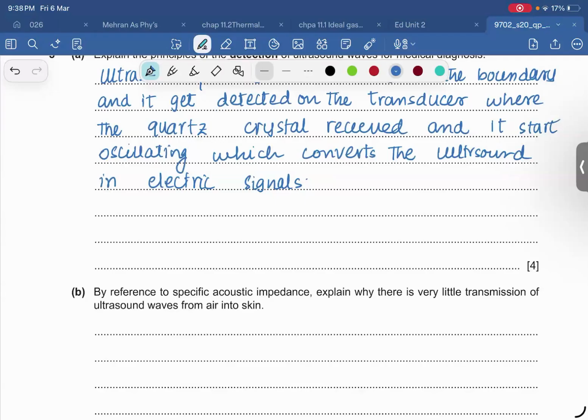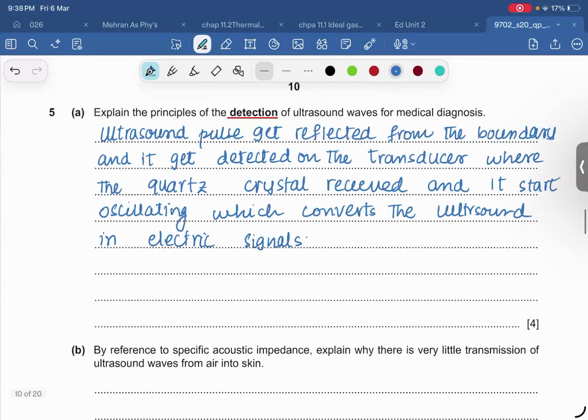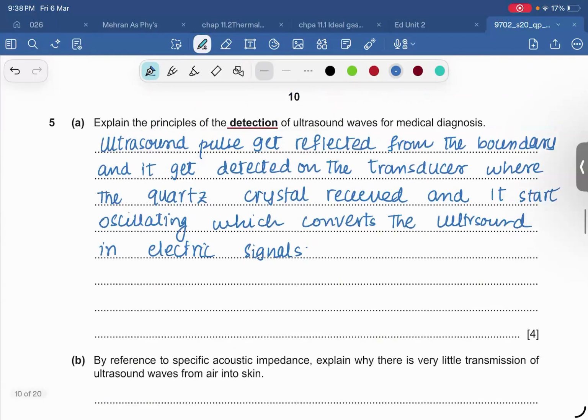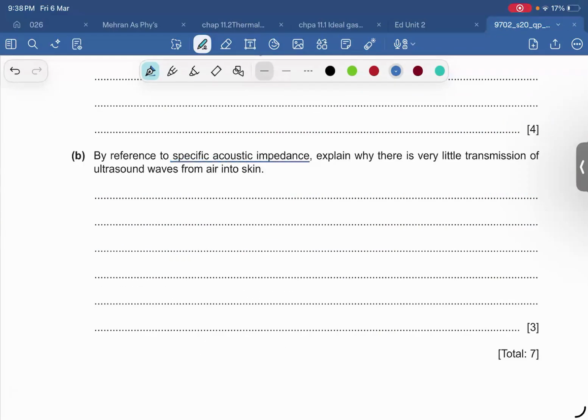Now this is the 4 mark thing. Now they're saying by reference to the specific acoustic impedance. The specific acoustic impedance is basically the resistance of every medium or every organ towards the sound. When you let the sound move through any medium, if it is a stiff or rigid medium, it lets the sound pass through, but if it is a liquid medium, then it does not let the sound pass through as well, and if it is a gas medium, there will be very little sound flow.